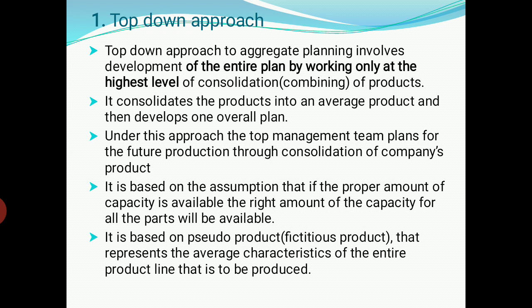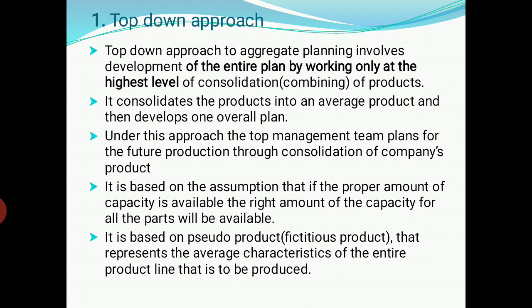That means the top down approach is a kind of aggregate planning in which the entire planning is done at the top level, the highest level, and we consolidate the demand and we consolidate the products. Consolidation is combining. Suppose a company is producing 5 types of similar products, that means in a product line there are 5 products related to each other.